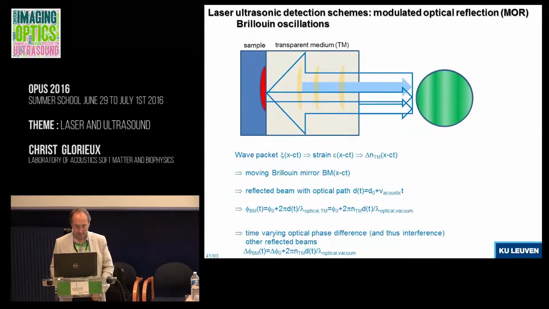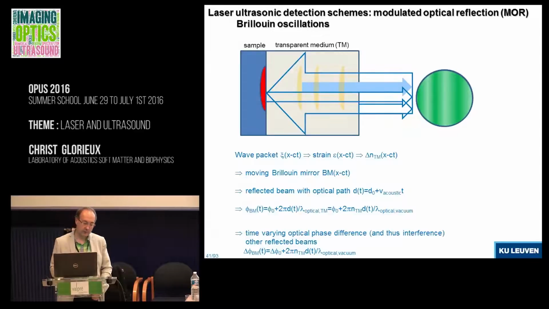Now, an interesting thing about this modulated optical reflection technique, because it's used quite commonly, is that sometimes the sample consists of a transparent layer on top of a reflecting and absorbing layer. In this case, the sample is dark, so it will be heated by the pump laser beam.